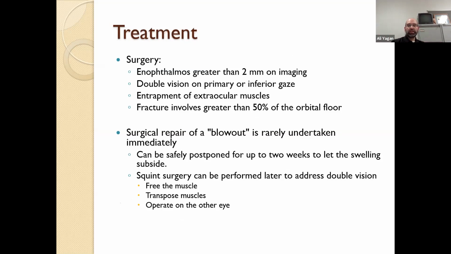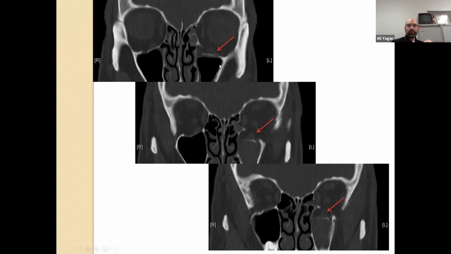And essentially, you look at what you can do to try either to free the muscle if it's entrapped, or do muscle transpositions to allow the eye to move a little bit better in that direction. And this is a picture from one of our patients. So floor fracture, as you can see, inferior rectus is here, and it's dipping into the fractured area. So this guy will need a plate to lift that area up.